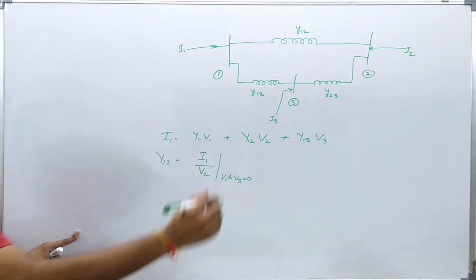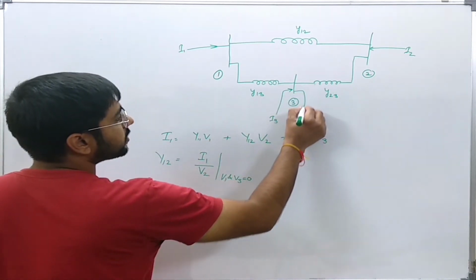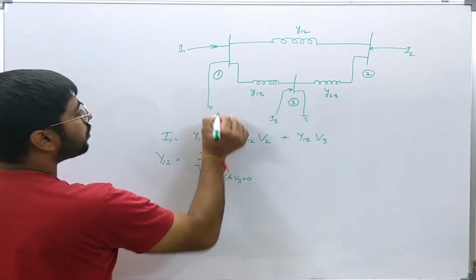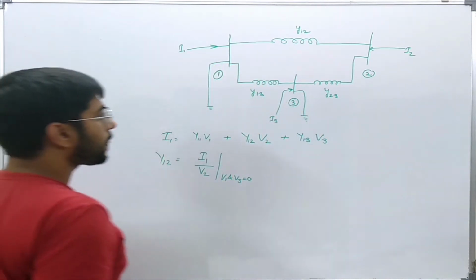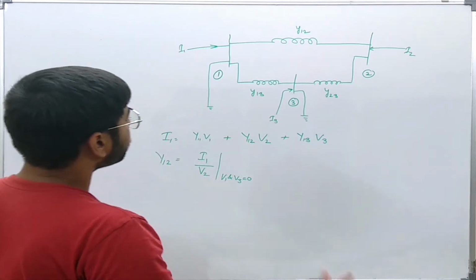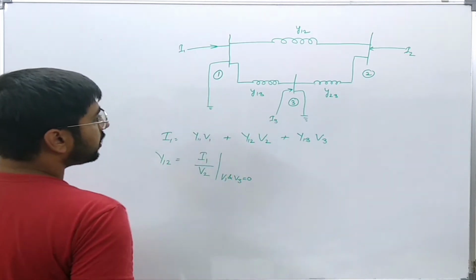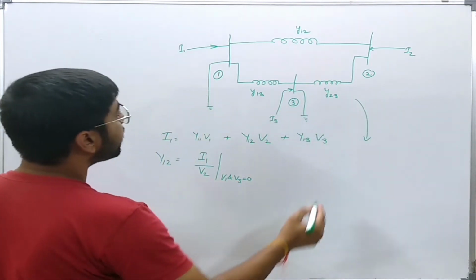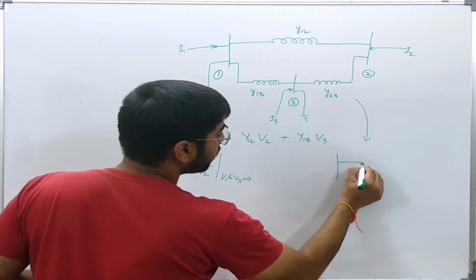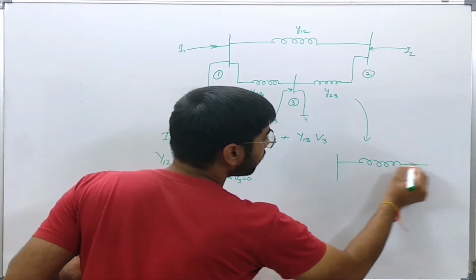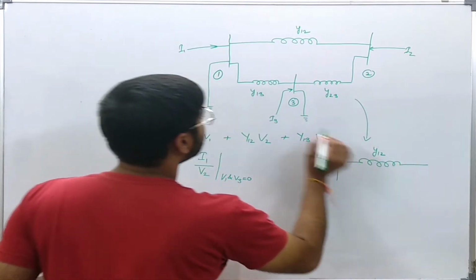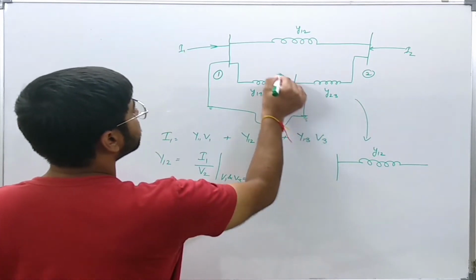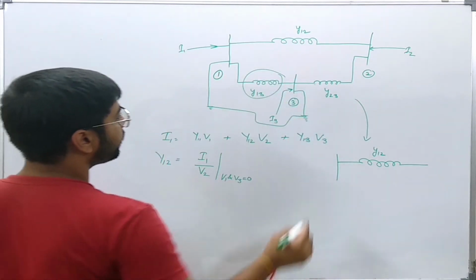That is, this bus is shorted to ground and this bus is also shorted to ground, or the reference bus. Okay, so if I do this, this network will transform into this given network. Y12, and since both are grounded, this admittance will be short circuited.